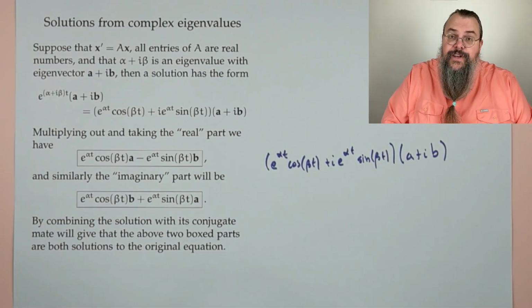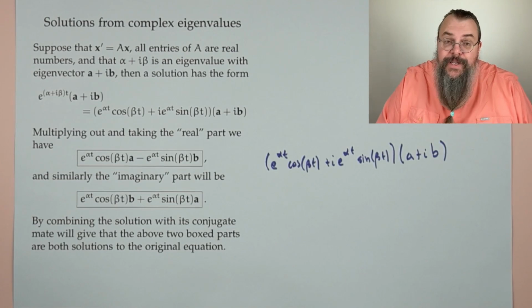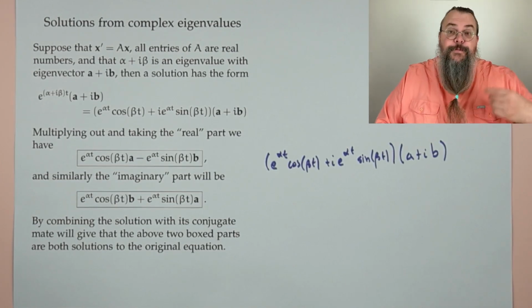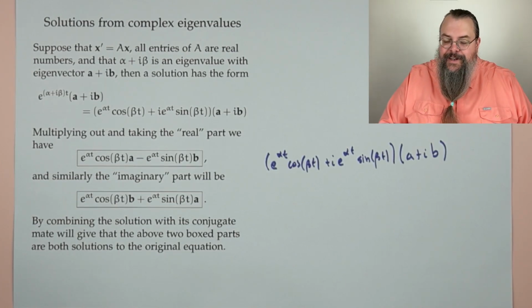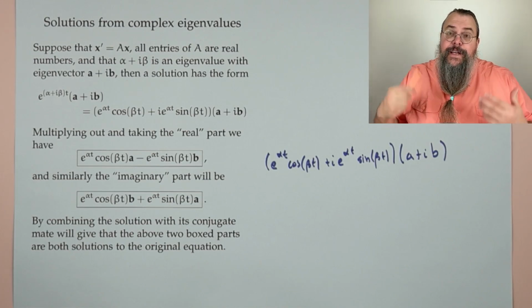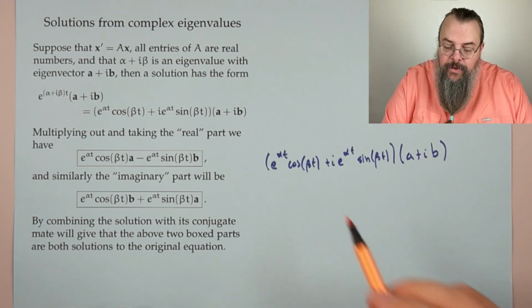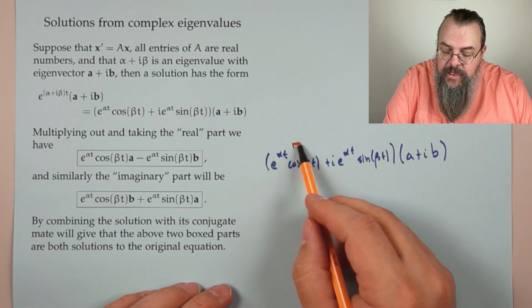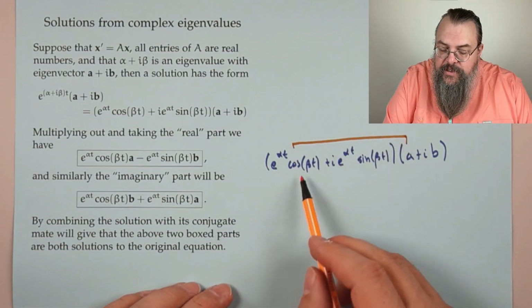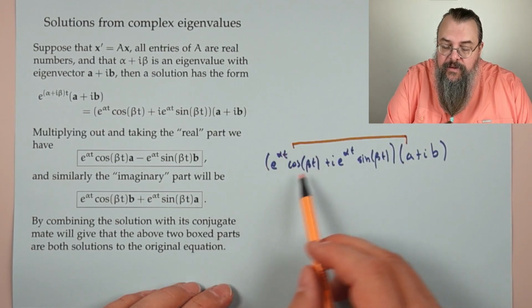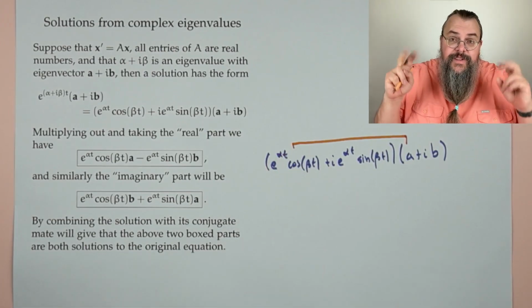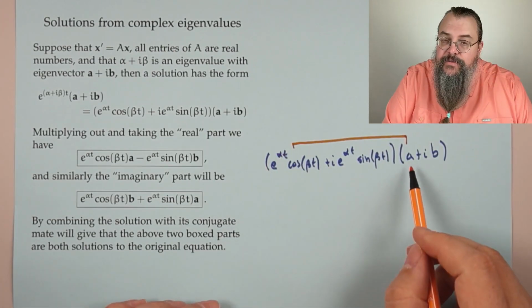Well, it looks like we should FOIL. All right, so let's think about how could I end up with something which is real, no i. Well, one thing is I could take e to the alpha t cosine beta t, think of this as our function scalar, and here's the vector.